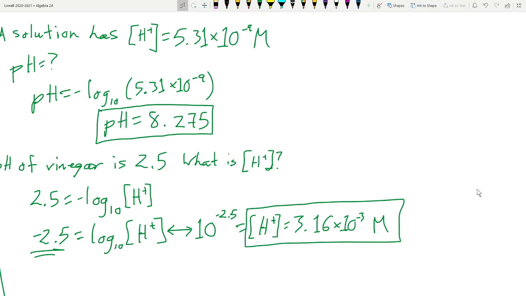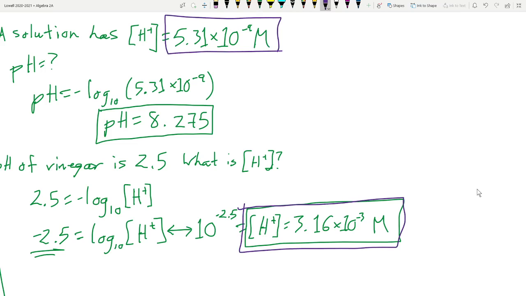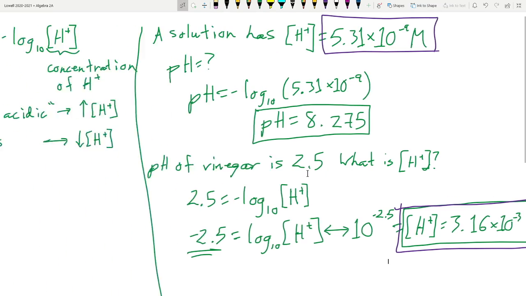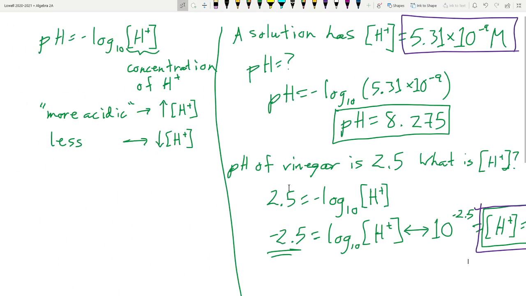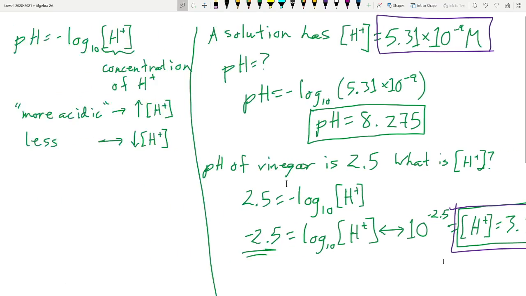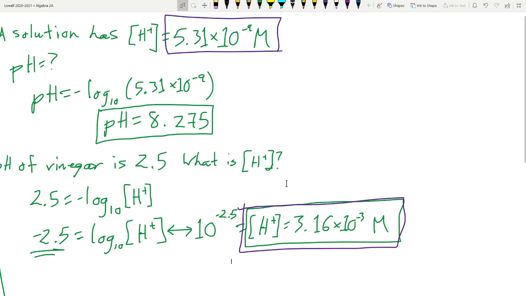All right, check this out. If I'm comparing these two solutions, so I'm going to box them here in purple, solution A and then the vinegar solution. Which one is more acidic? So remember that more acidic means higher concentration of hydrogen ion. Okay, so which one of these numbers is bigger? Well, the vinegar has a less negative exponent, so this number is actually bigger.